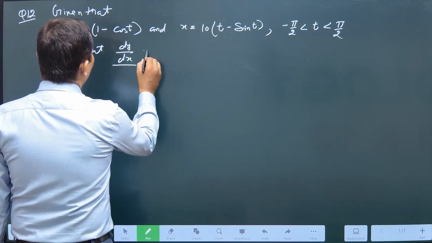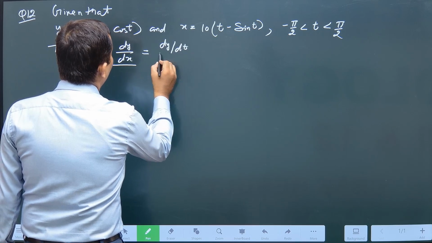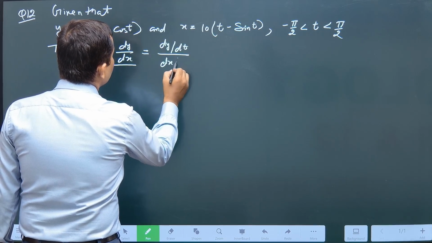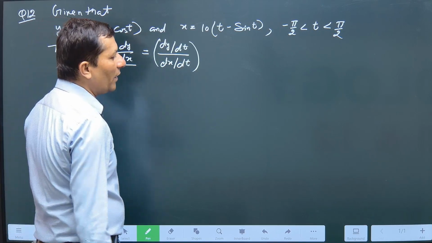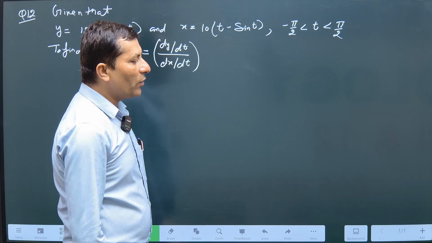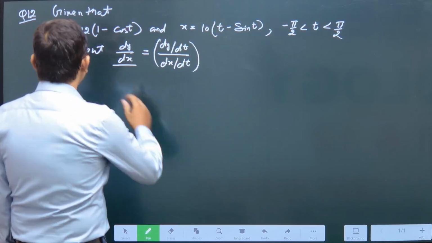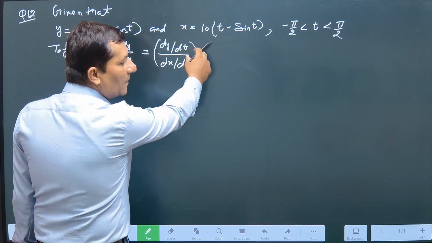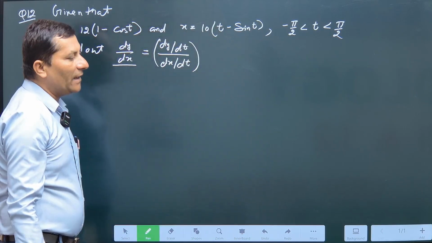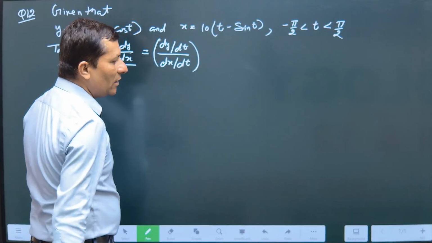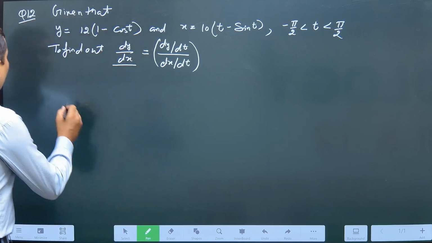And this dy upon dx is equal to dy upon dt upon dx upon dt. It means you have to find out first of all dy upon dt, then dx upon dt. After finding both the derivatives of y with respect to t and x with respect to t, put the value of dy by dt and dx by dt in these places. Then you can find out dy upon dx. Understand? Okay, write down here.